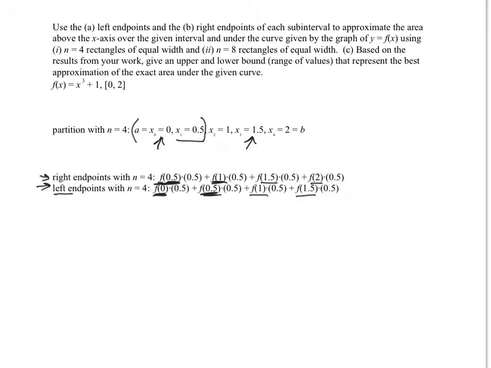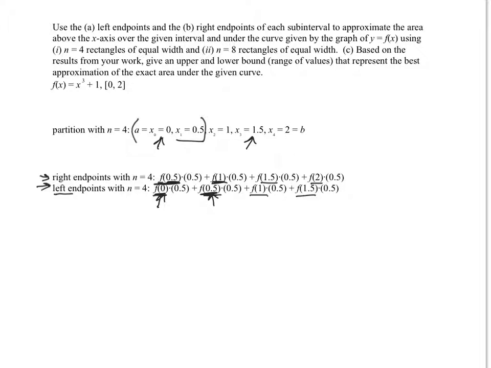I don't know why we would, but we could use that. So any x value in each one of these subintervals can be used as what we call the sampling point. We use that x value to input into the function to get us the height of the rectangles.